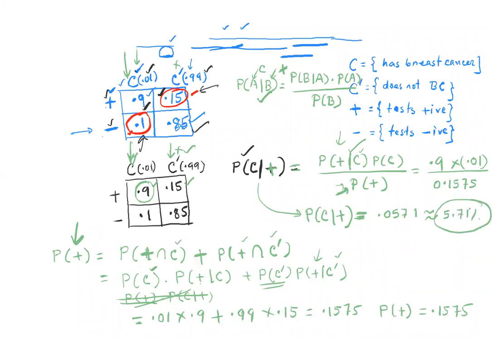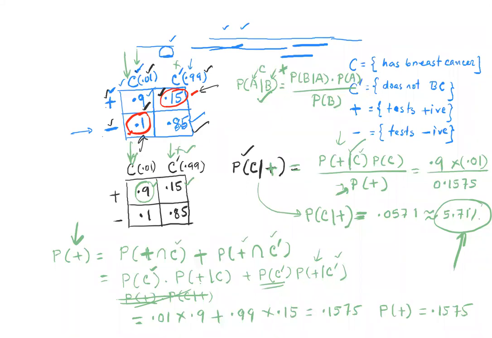So if someone tested positive, the probability that the person actually has breast cancer is pretty low. It's 5.71%, at least mathematically. I should say mathematically it is pretty low. The reality is probably different. I'll get to that later.